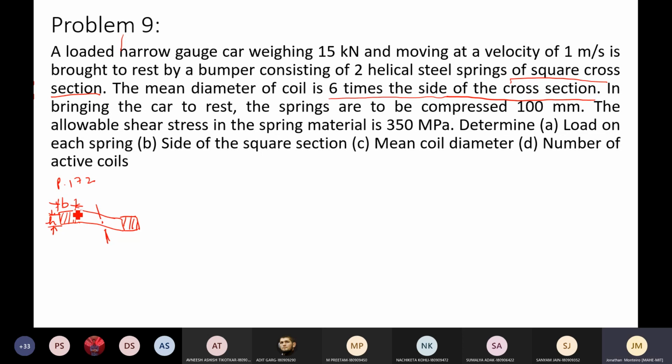In a square cross section, H is equal to B. In this particular case of ours, B is equal to H. This is valid only for a square cross section, because we are dealing with a square cross section. Otherwise, H need not be equal to B; such sections are called rectangular cross sections.